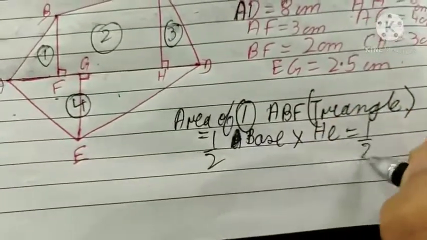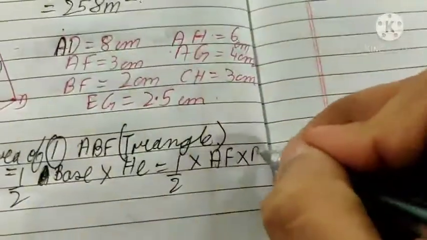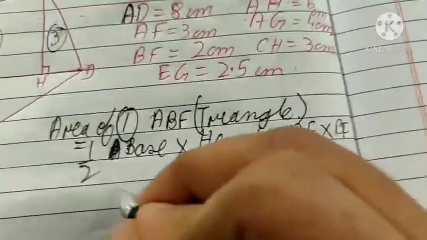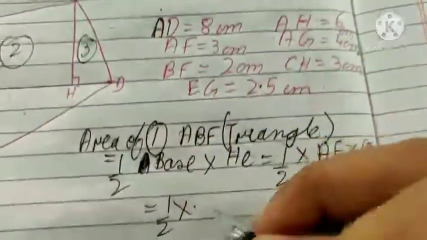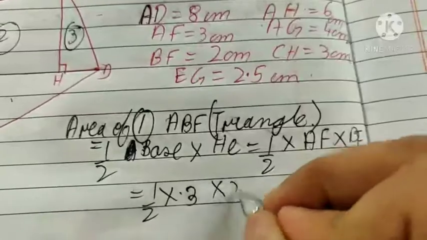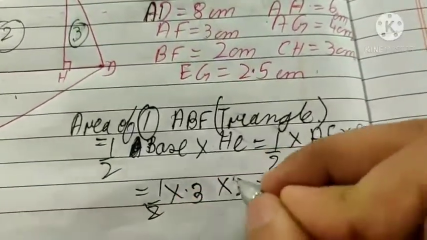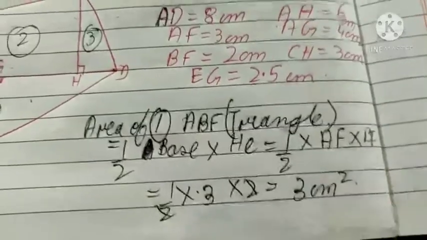So here base is AF into height is BF, that is half into AF. AF is 3 centimeters, BF is 2 centimeters. So area of 1 is 3 centimeter square.